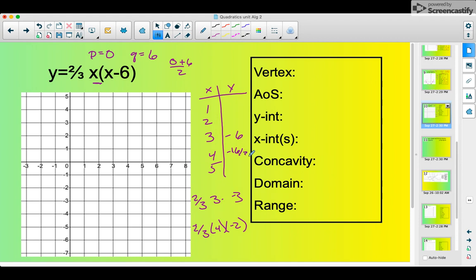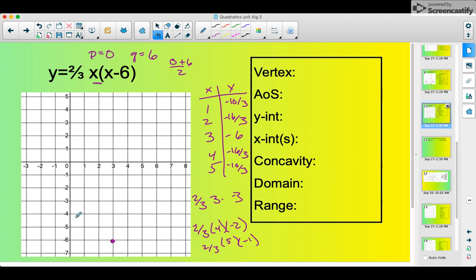I'm going to leave it as a fraction because I'm doing that in my head. Do the same thing with 5. So 2/3, 5, -1, so I get -5 times 2/3, which would be negative 10 over 3. Now, if you'd like, you can type those into a calculator and get exact answers there.